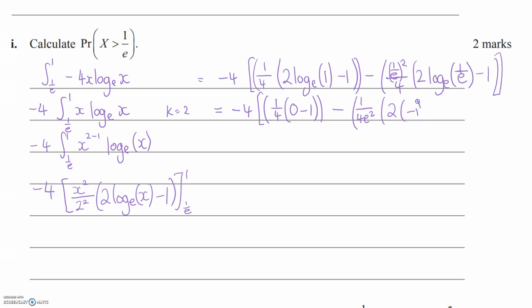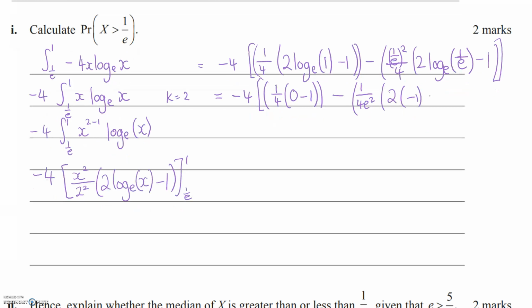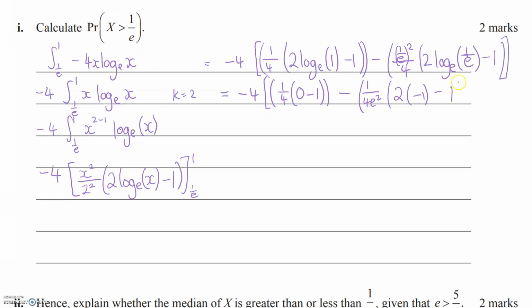Well, that's just -1 if we think about it. Do a bit of maths at the side if you need to. Take 1. So what we've actually got going on here is -4 times by, this is just going to make -1/4, take away, then this is just going to come out to be -3. So what we've actually got is a +3 on 4e squared.